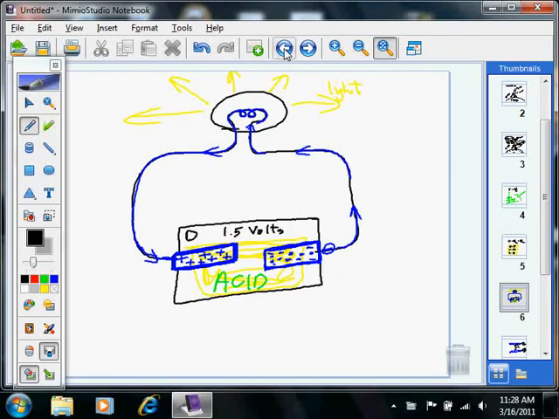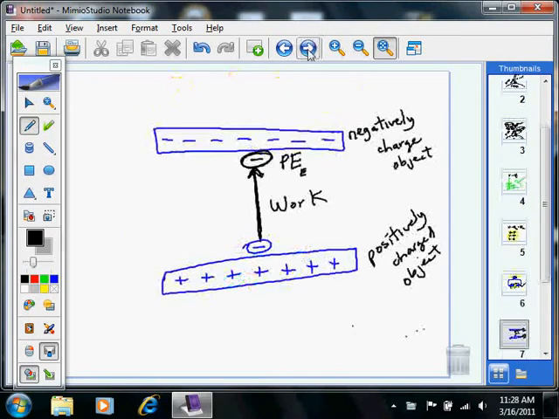Now, this electron in the wire right there, does it naturally want to stay right there next to the negative terminal? No. It's kind of like this electron here right against this negative terminal.